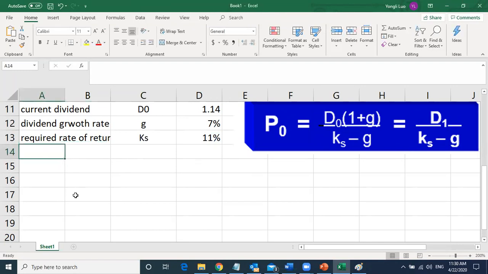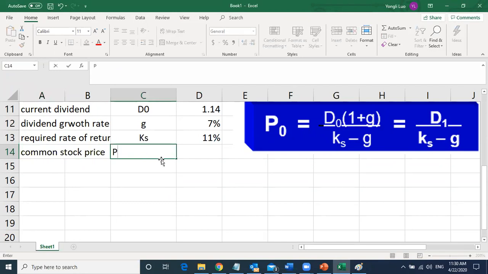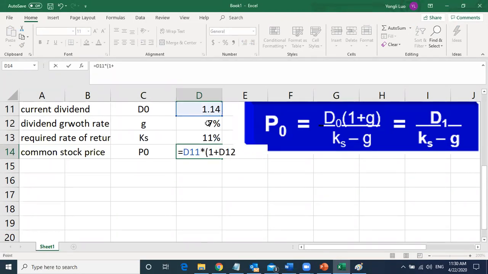So the common stock price P0 equals D0 times 1 plus G percent, divided by KS, the required rate of return, minus the dividend growth rate.